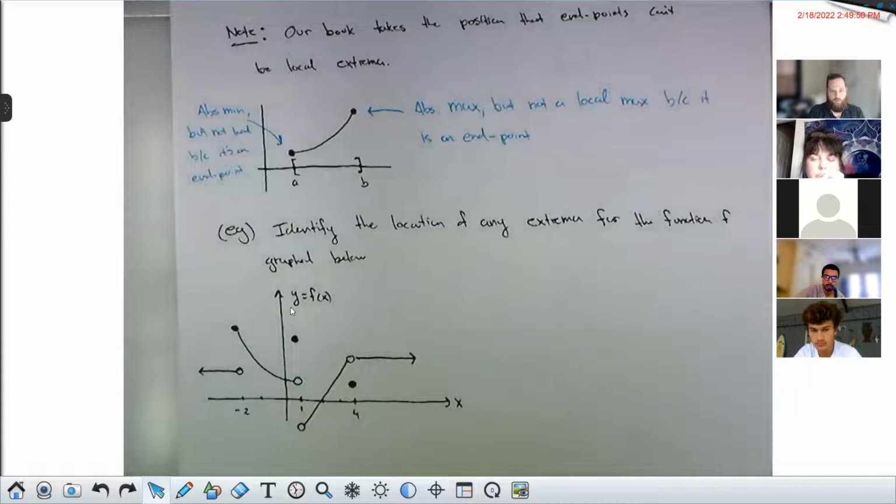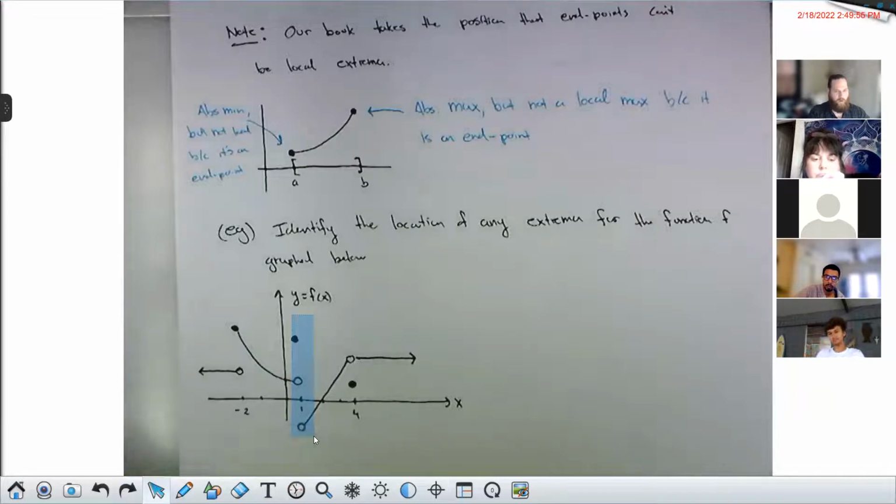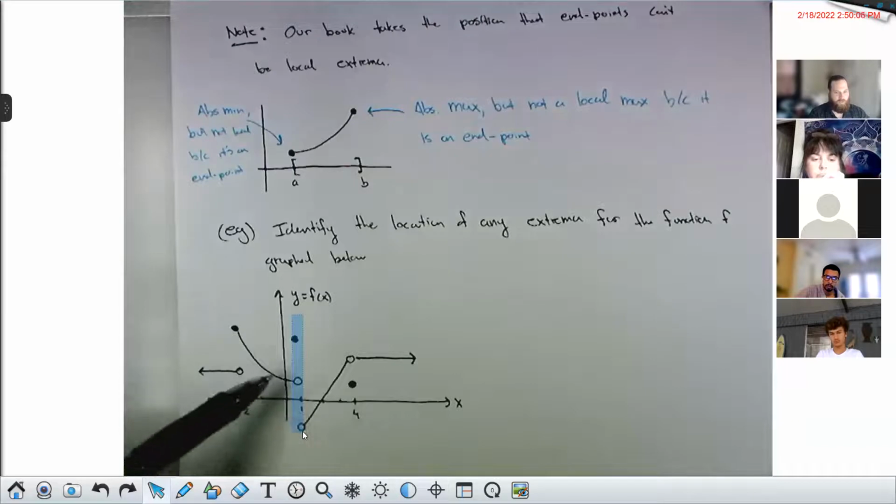So even though, for example, over here at 1, it looks like there might be 3 different candidates for an output, only one of them is actually a point on the graph. The open circles indicate that the graph continues over here, but it stops just short of 1, doesn't actually get to 1. And the same thing's true over here. So the only point on the graph here is this guy.